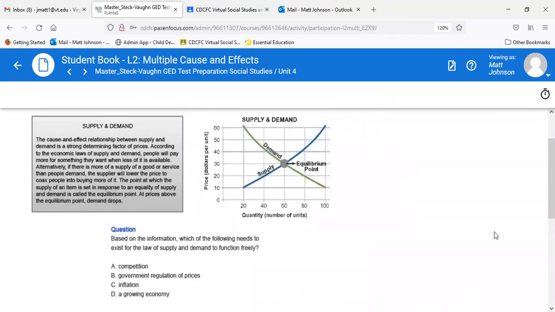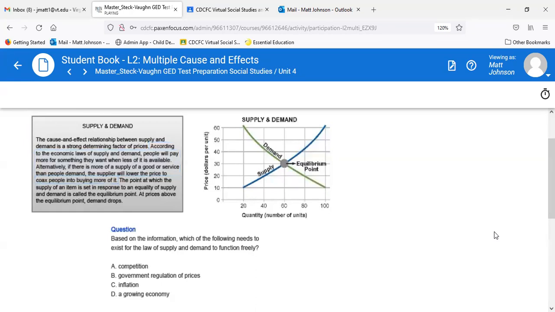This question asks, based on the information, which of the following needs to exist for the law of supply and demand to function freely? Option A, competition. Option B, government regulation of prices. Option C, inflation. Option D, a growing economy. The passage states that, according to the economic laws of supply and demand, people will pay more for something they want when less of it is available. Alternatively, if there is more of a supply of a good or service than people demand, the supplier will lower the price to coax people into buying more of it.